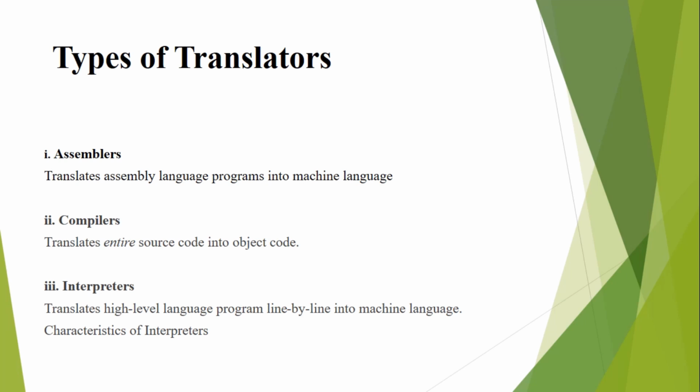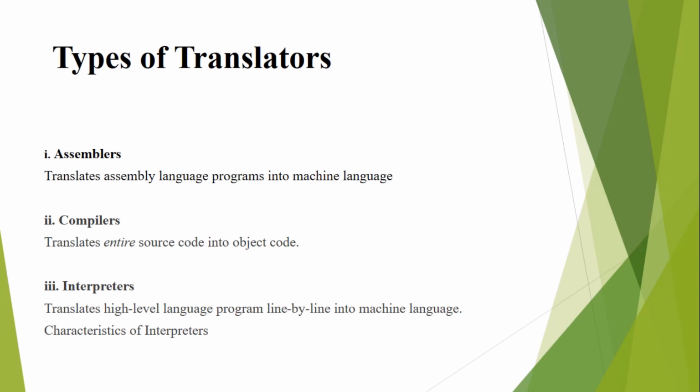We have the compilers. Compilers translate the entire source code into object code, and that's to underline the word entire. Then interpreters translate the high-level programming language line by line, or instruction by instruction, into machine language.